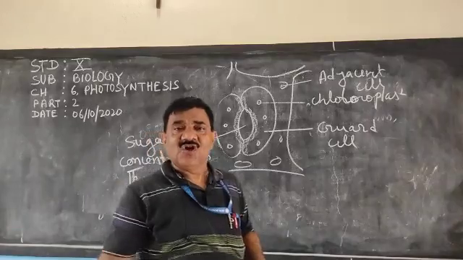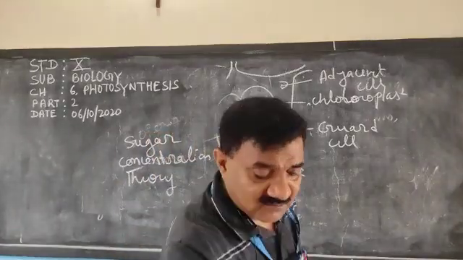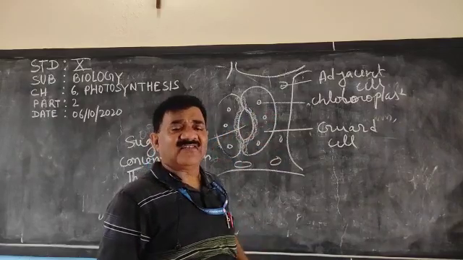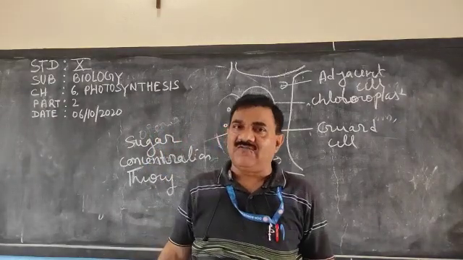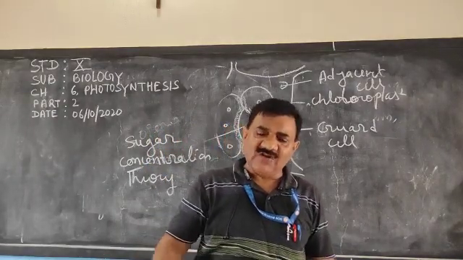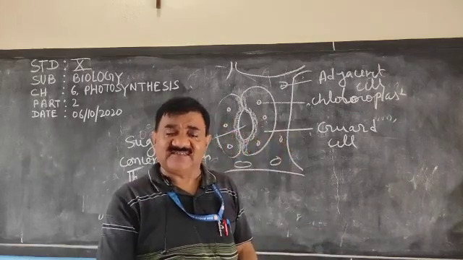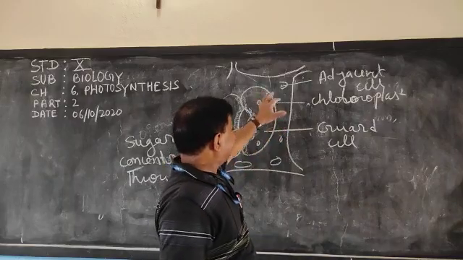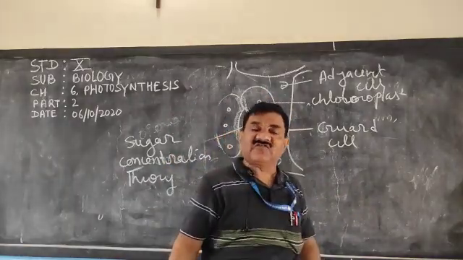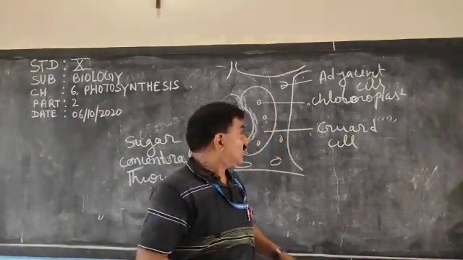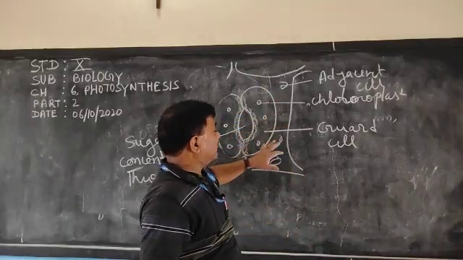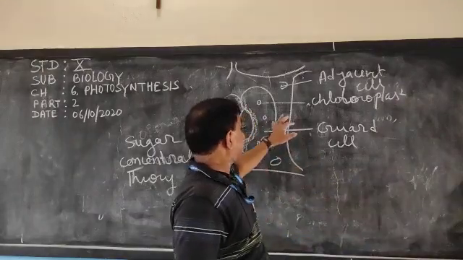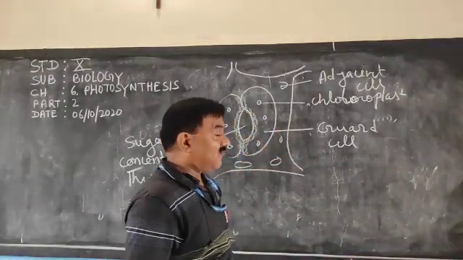During daytime, when sunlight is available, this guard cell which contains chloroplast will do the work of photosynthesis. And what is the end product of photosynthesis? Glucose. And glucose will increase the concentration of the solution. Glucose is formed and this solution will become more concentrated. And this is a semi-permeable membrane.